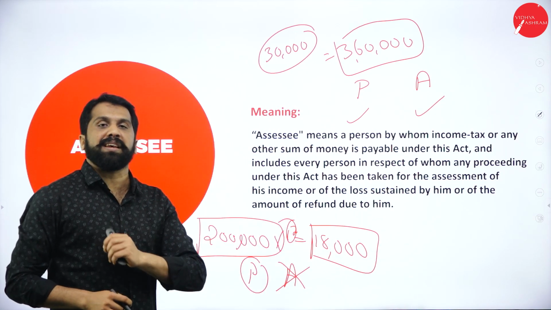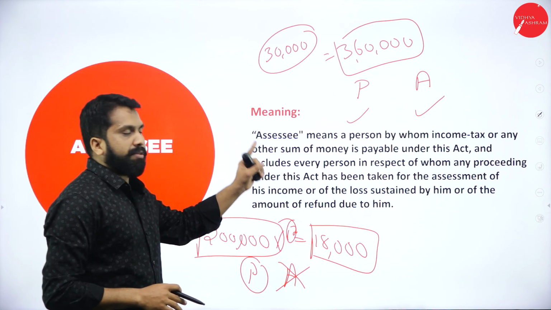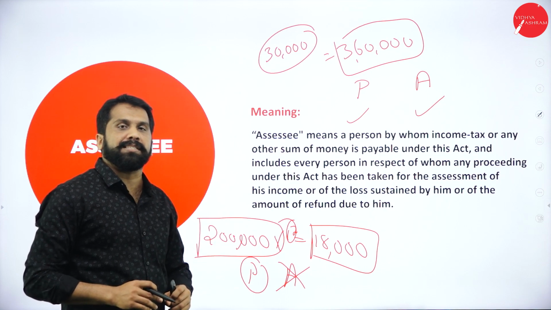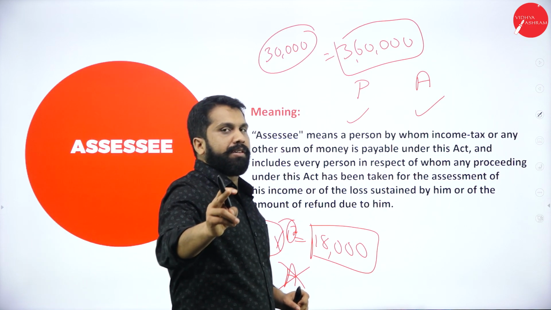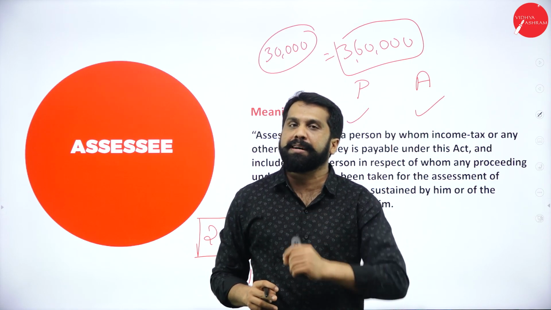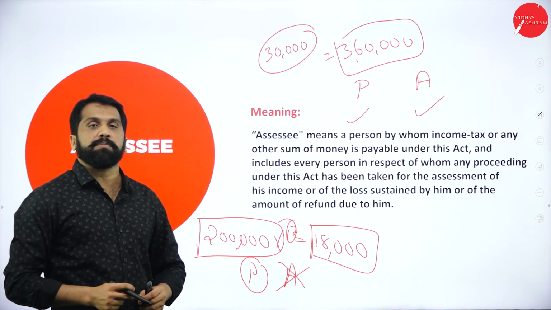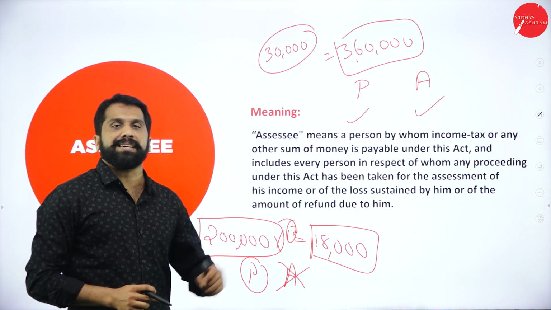The person who is paying tax is called an assessee. Clear? So there is only one difference between person and assessee. Everybody who is working can be called a person, but everybody can't become an assessee. The person who is eligible to pay tax, we call an assessee.